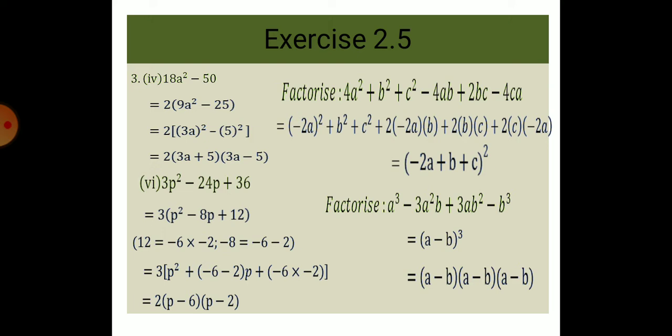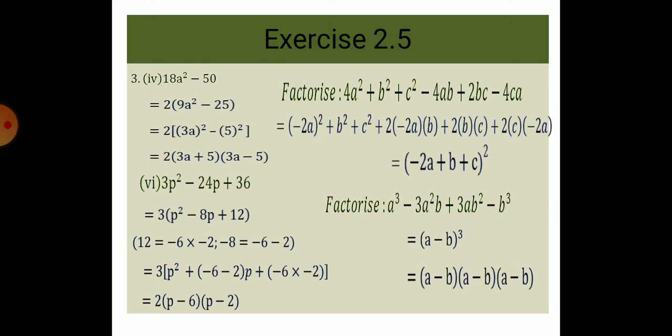So the first question is 18a² − 50. Actually, such an identity we have never seen, where neither the first term nor the second term is a perfect square. But by observation, we can understand that 18 and 50 have a common factor 2. So when we take out 2 common, we get 9a² − 25.